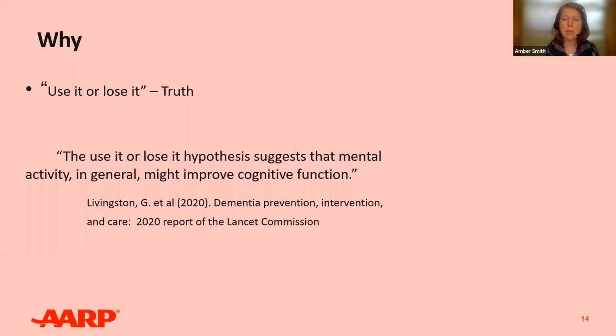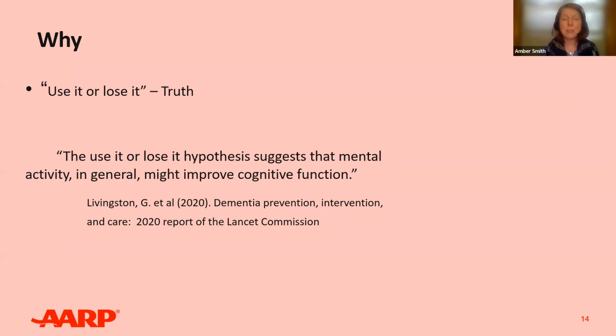But one area where we have some interesting research findings is around retirement. Some studies show that if you have a job that keeps you mentally active and then you retire, some people tend to get a decrease in some of their thinking skills. And does that mean, oh no, don't retire? Not necessarily. That's one option, right?